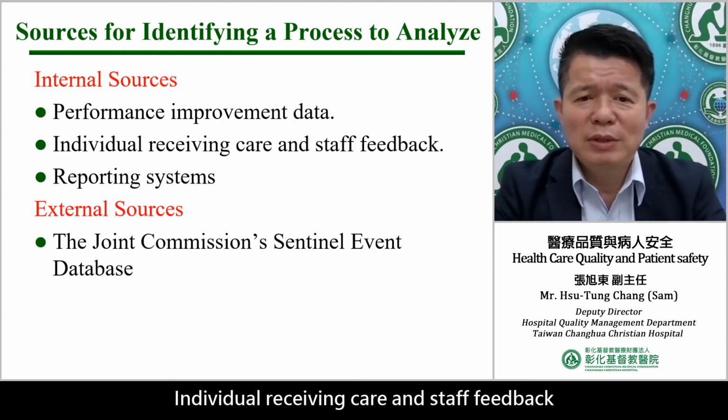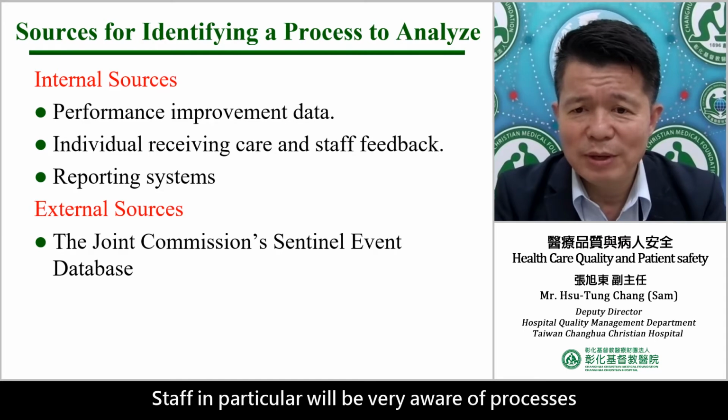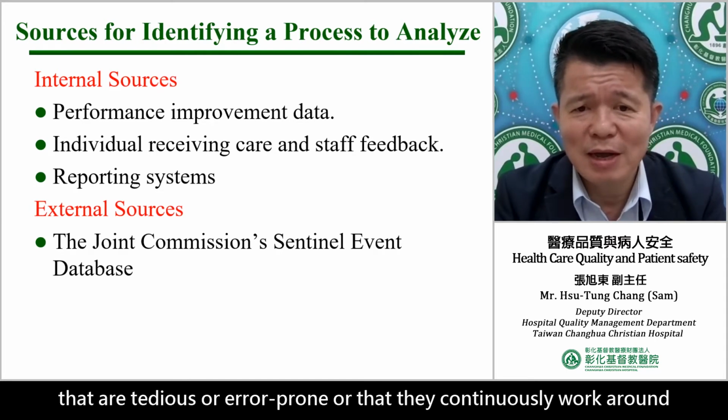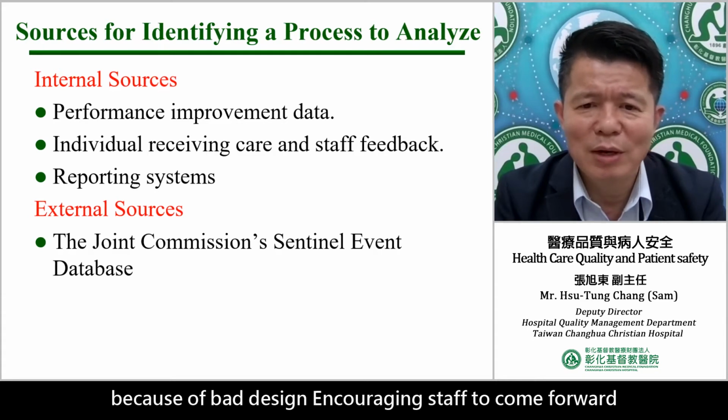Individuals are receiving care and staff feedback. Staff in particular will be very aware of processes that are tedious or error-prone, or that they continuously work around because of better design.